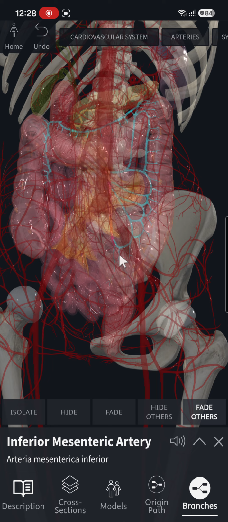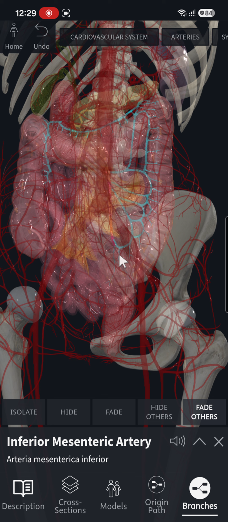Now, we said that before the celiac were inferior phrenic arteries, right? And that between the celiac and the superior mesenteric were 3 pairs of visceral arteries: 1 suprarenal, 2 renal, and 3 the gonadal arteries, right? And then superior mesenteric artery.